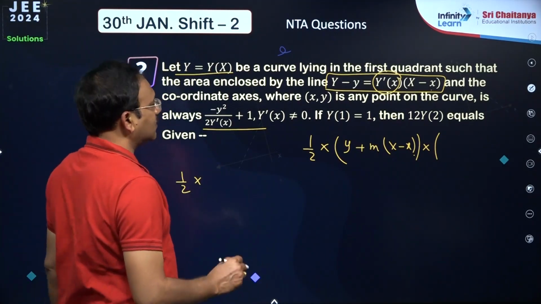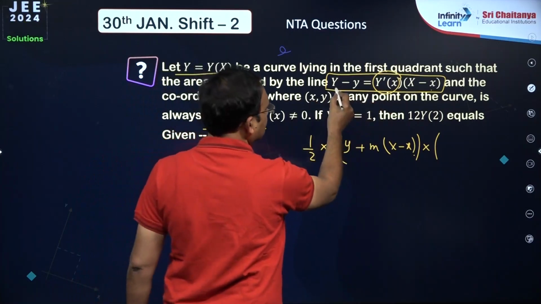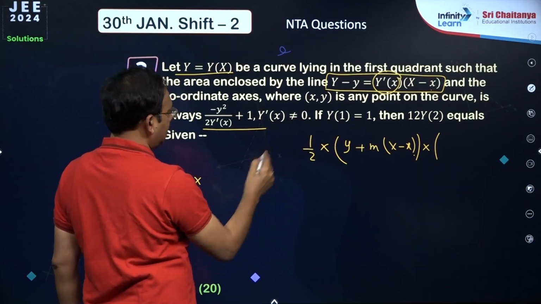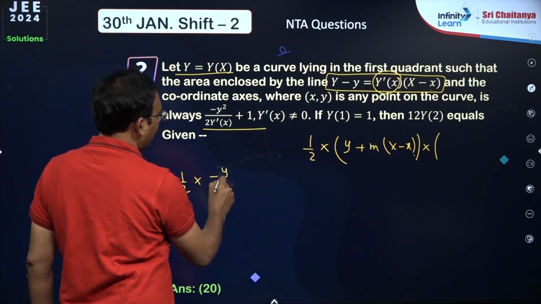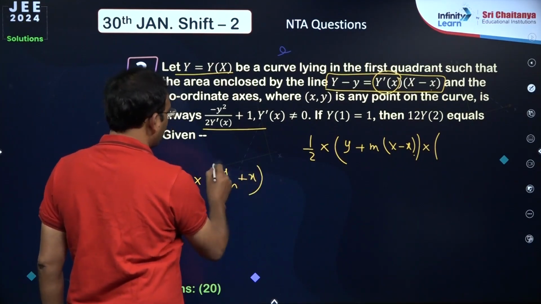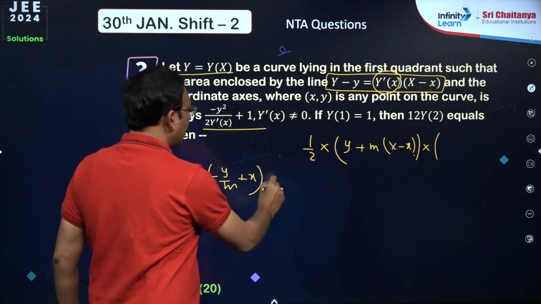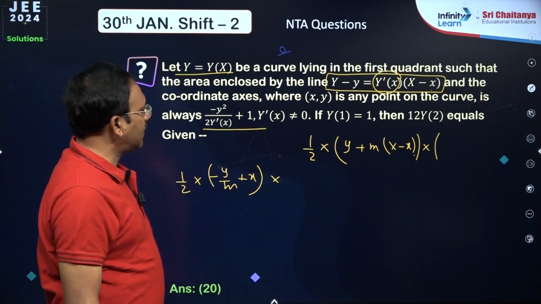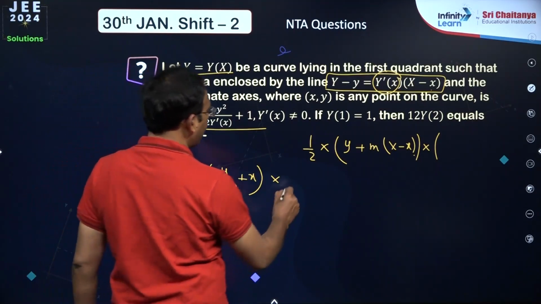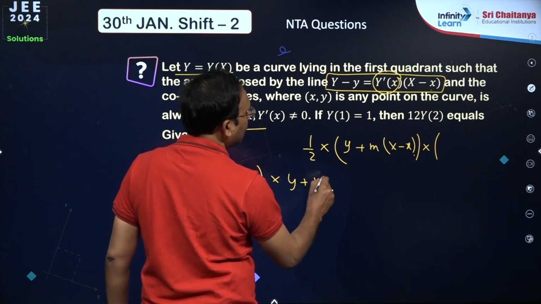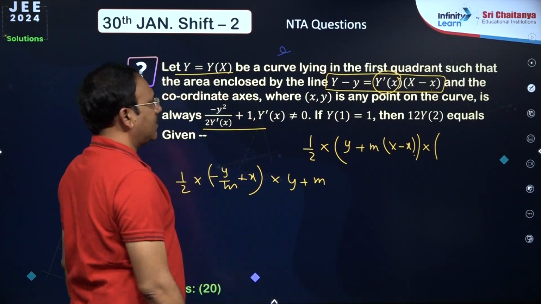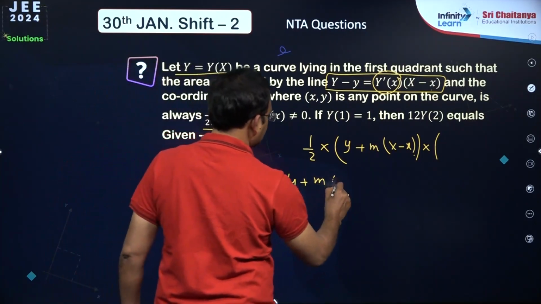So y coordinate in the sense, in this particular line equation, this is the y coordinate, y is equal to 0. You try to get the value of x here, that is minus y by m plus x, this is going to be the x-intercept, into next one is going to be the y-intercept, put x coordinate is equal to 0, y value is nothing but y plus m into, you can write like here, like y coordinate I kept here x is equal to 0 minus x, okay.